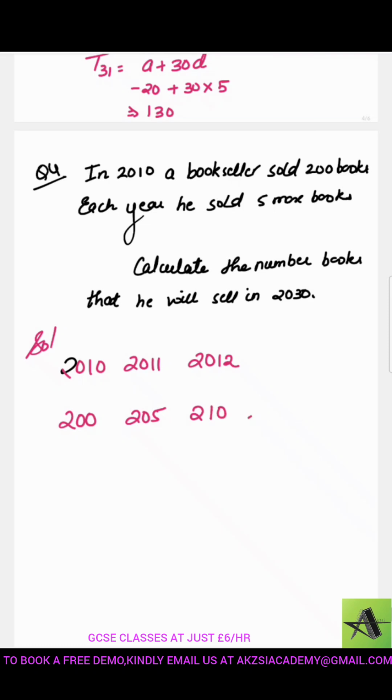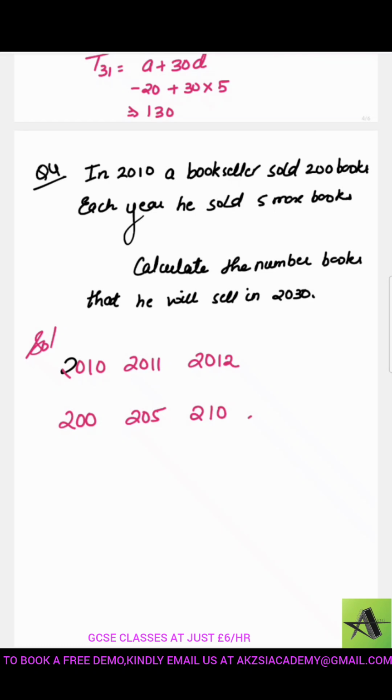If it were mentioned that he is selling 5 more books than what he sold in the previous year, that would be a different case. Here it's mentioned that he is selling 5 more books. That means every time it's just increasing by a constant number, 5, and clearly it's an arithmetic progression.